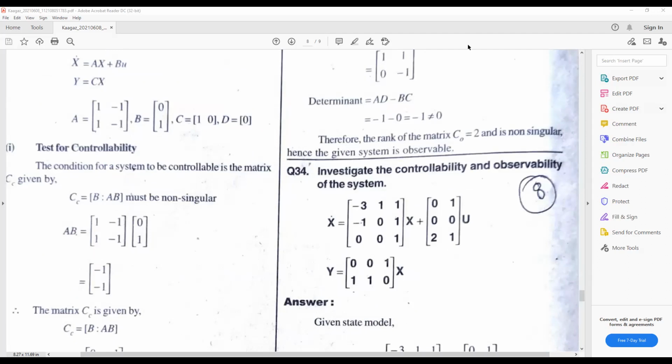The B matrix is 0 and 1. The C matrix is 1, 0. The D matrix is not there, so it's 0.